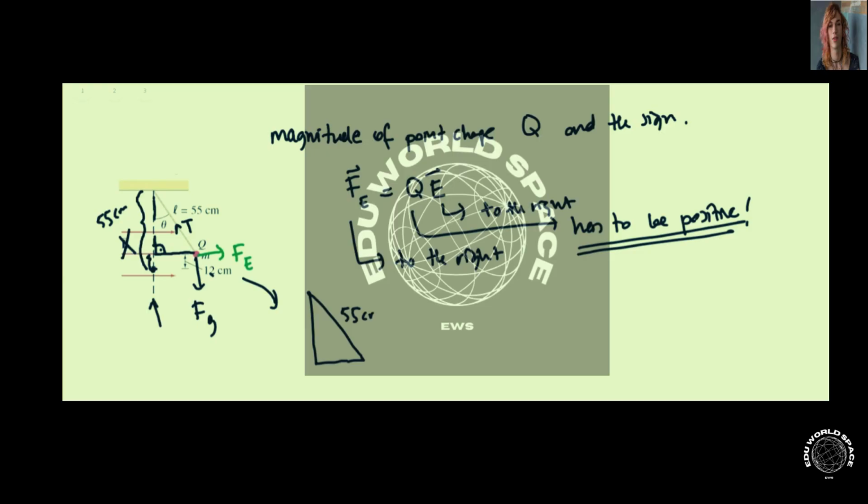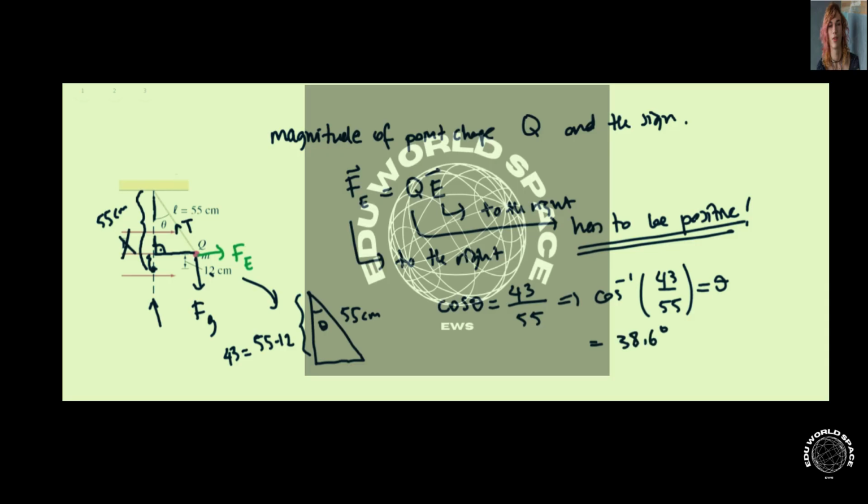This is 55 centimeters. This side is 55 minus 12, and this angle is theta. 55 minus 12 is 43, right? Now, how are we going to figure out what this angle is? The easiest way to remember is the definition of cosine theta. Cosine is adjacent 43 over hypotenuse 55. If we take the inverse of this ratio, this should give us our angle. If you do this, you're going to figure out the angle to be 38.6 degrees.